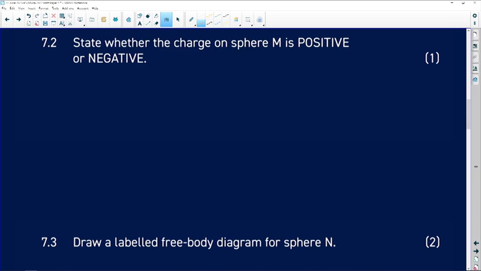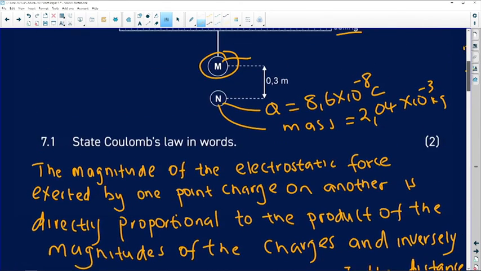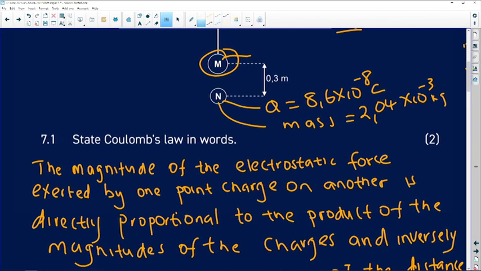We then look at 7.2. It says state whether the charge on sphere M is positive or negative. We go back to our diagram. We were told that charge N is positive.